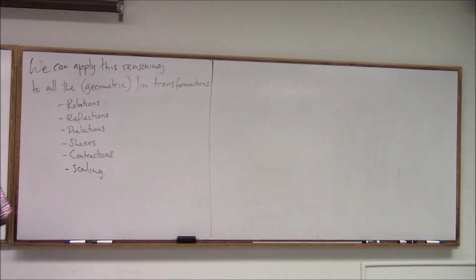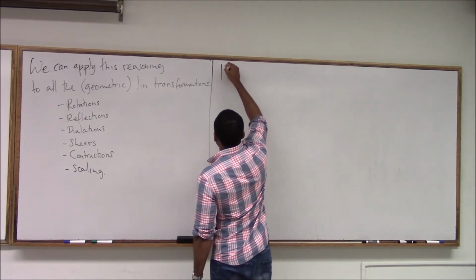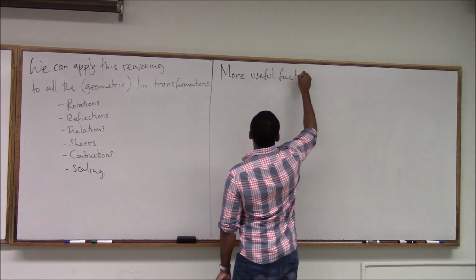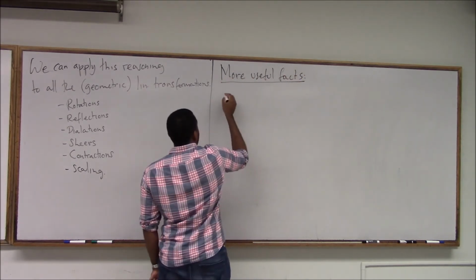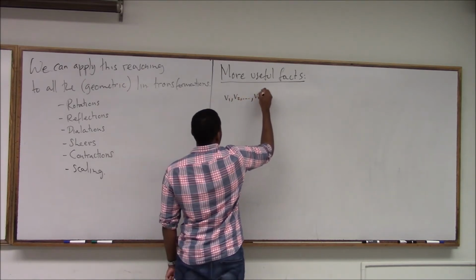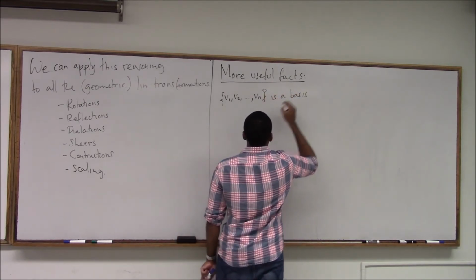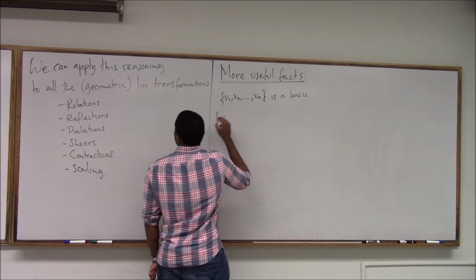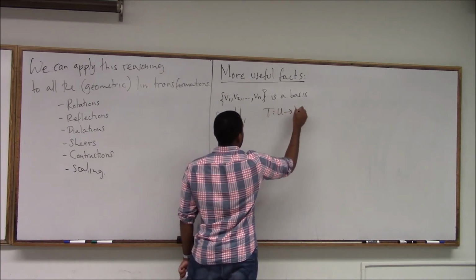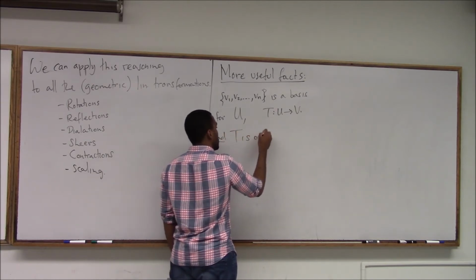What else do we want to do? Let's say more useful facts. Let's say V1, V2, V3 is a basis for U, where T goes from U to V. And let's say you know that T is onto.